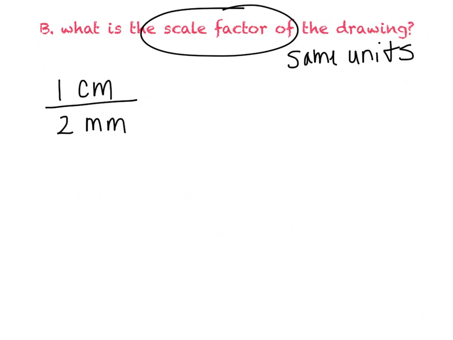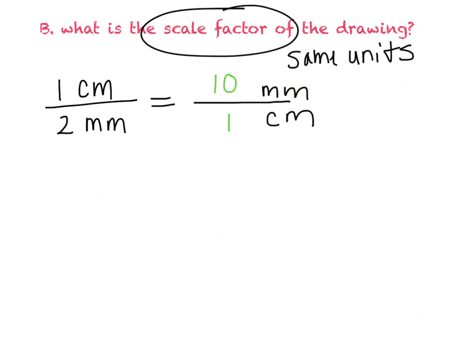So our scale from the previous slide was 1 centimeter equals 2 millimeters. So we want to make a proportion where we have millimeters on the top and centimeters on the bottom, so that millimeters will both cancel out. So let's just think about the relationship between millimeters and centimeters. Well, we know that 10 millimeters is equivalent to 1 centimeter. So there's our next proportion.